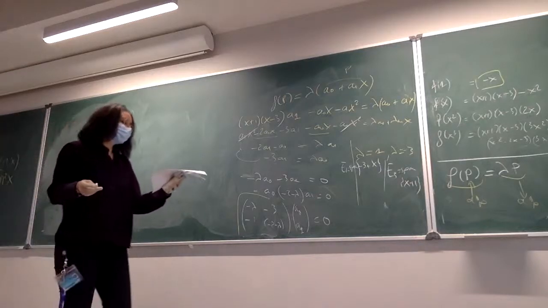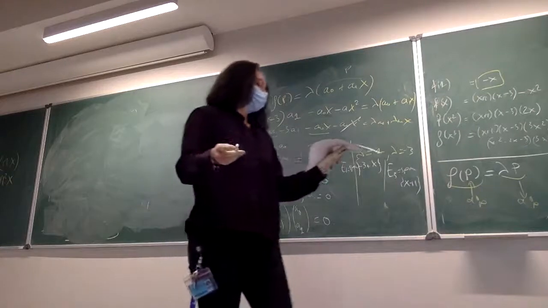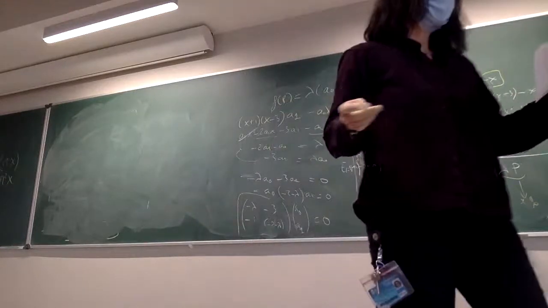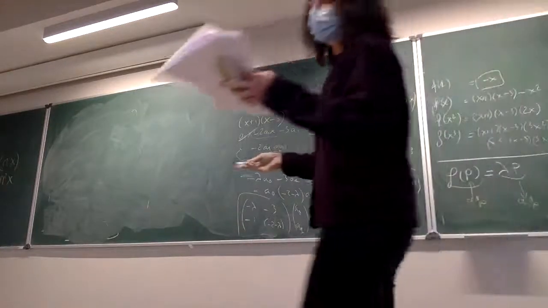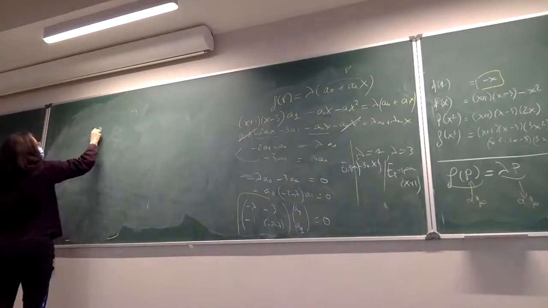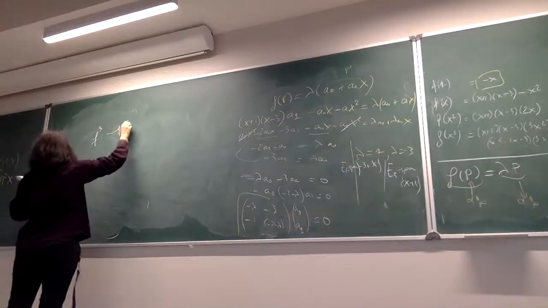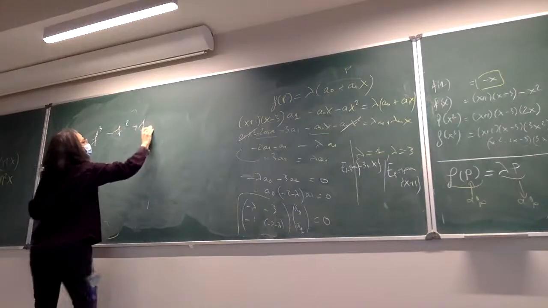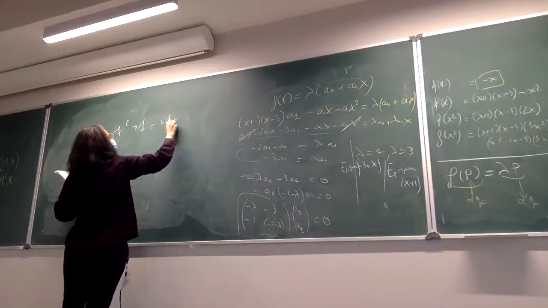We've got a vector space, an endomorphism on that vector space such that we've got this relation: f cubed minus f squared plus f minus identity is equal to 0.